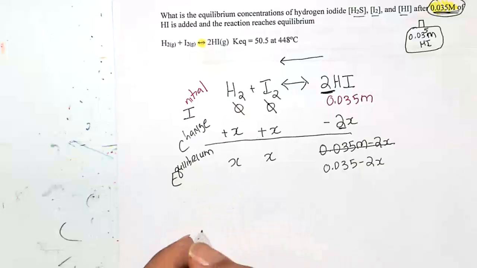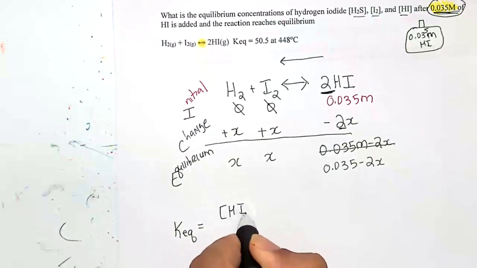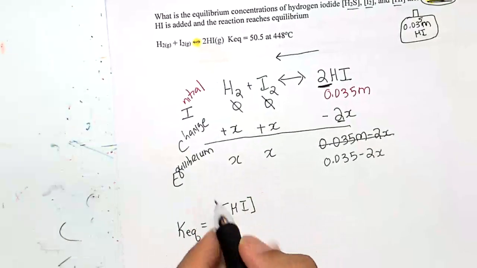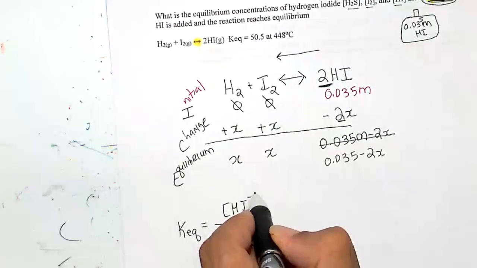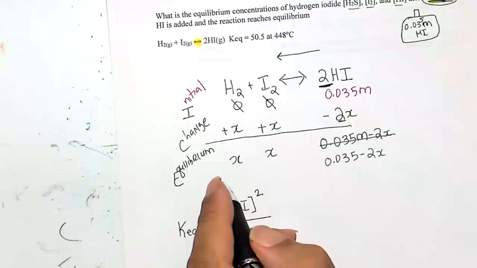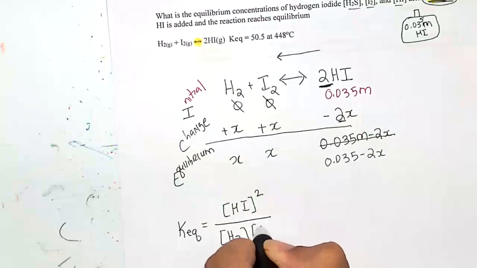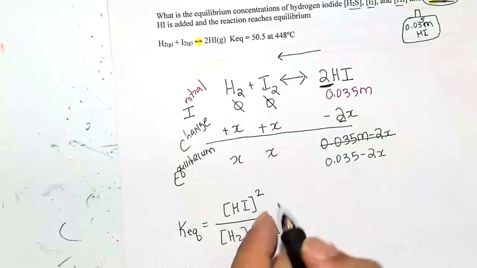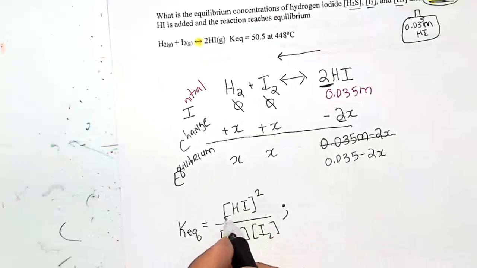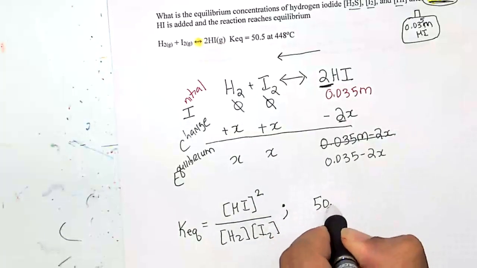Okay, so let's plug into our equilibrium expression, our equilibrium constant. Concentration of HI. What should I do with that HI? Very good, thank you. Square it. Nice work. And then the concentration of H2 divided by also the concentration of I2 in the denominator. So Keq given to us here is 50.5.